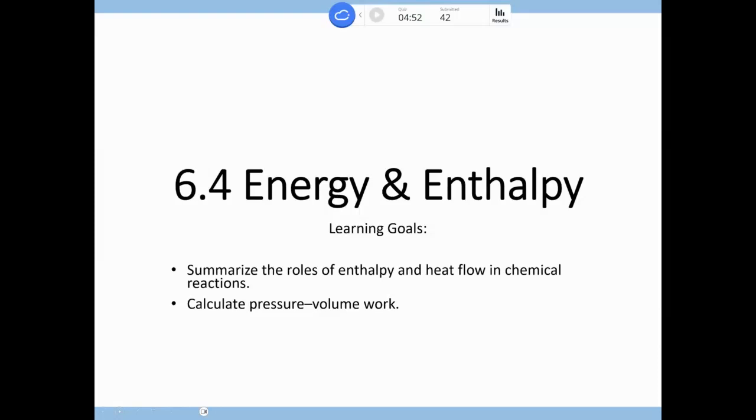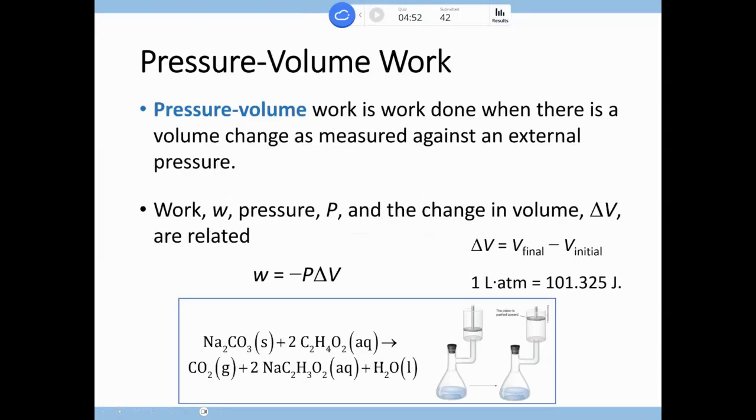And then we'll talk about pressure-volume work, and that's actually what we'll talk about first. Pressure-volume work is work done when there is a volume change measured against an external pressure, and that external pressure remains constant.